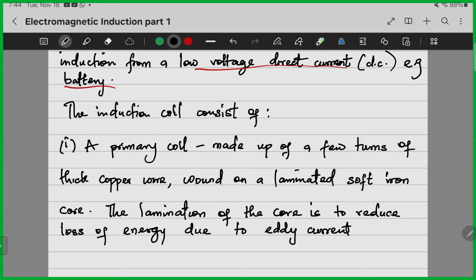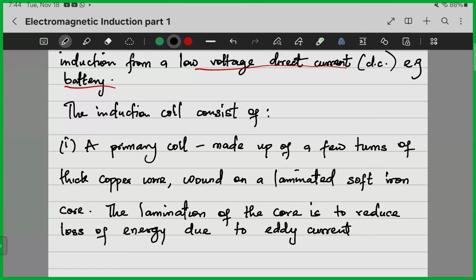So please take note of that point. The lamination of the coil is to reduce loss of energy due to what? Eddy current.